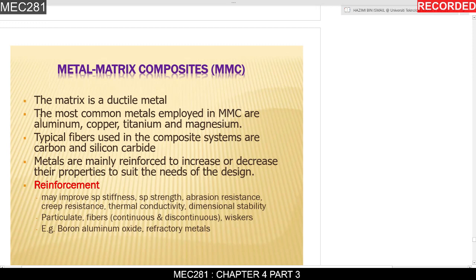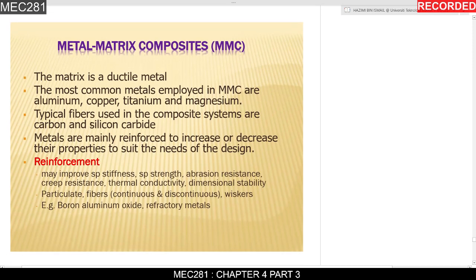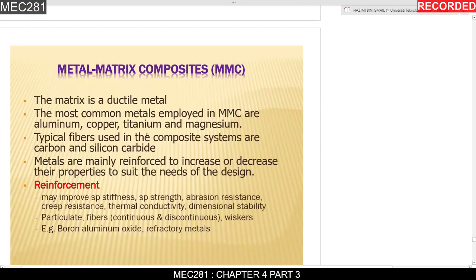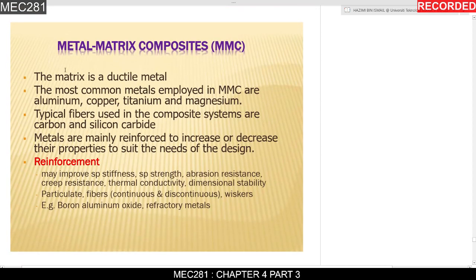Okay, so the most common metals employed in MMC are aluminum, copper, titanium, and magnesium. All of these materials are common metals that are being used in forming the MMC. Typical fibers used in the composite system are carbon and silicon carbide. Also, the carbon and silicon carbide can be combined with the metal to get the metal matrix composite here.